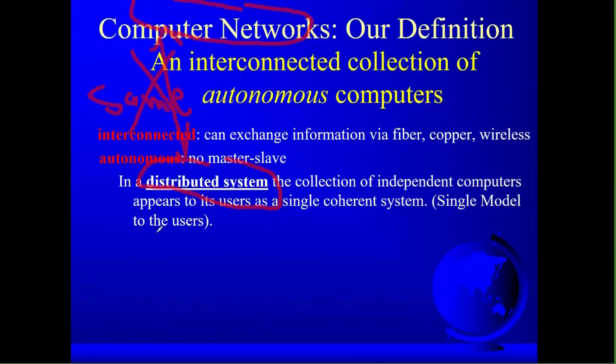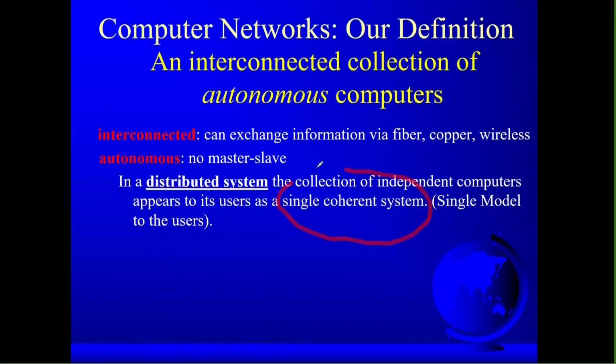A very, very good question in exams and quizzes in life. Somebody will come to you and say, what is the difference between a computer network and a distributed system? In a distributed system, the collection of computers appears as one single coherent system. So I do not see the collection of computer devices that are connected to each other.